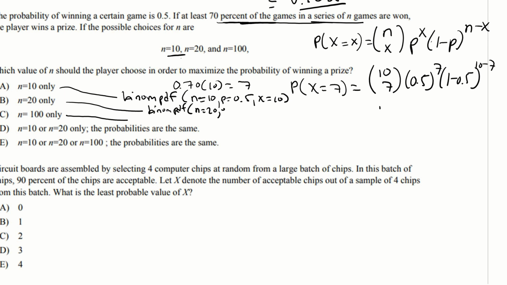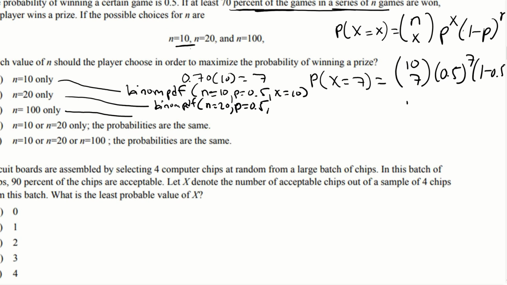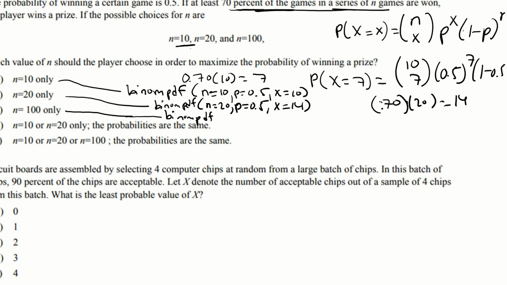N equals 20, P equals 0.5, and then we have to do 70% of 20. So 0.7 times 20, that's 14. And then we'll do the last one, binomial PDF, N equals 100, P is 0.5, and then we got to do 70% of 100, which is 70.